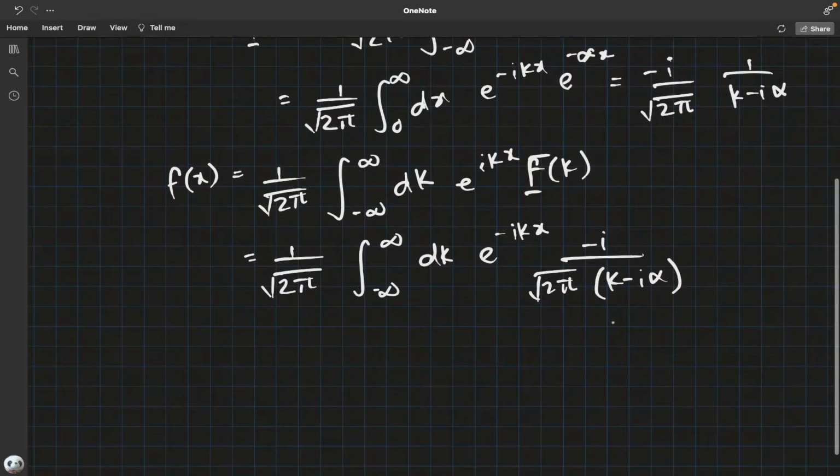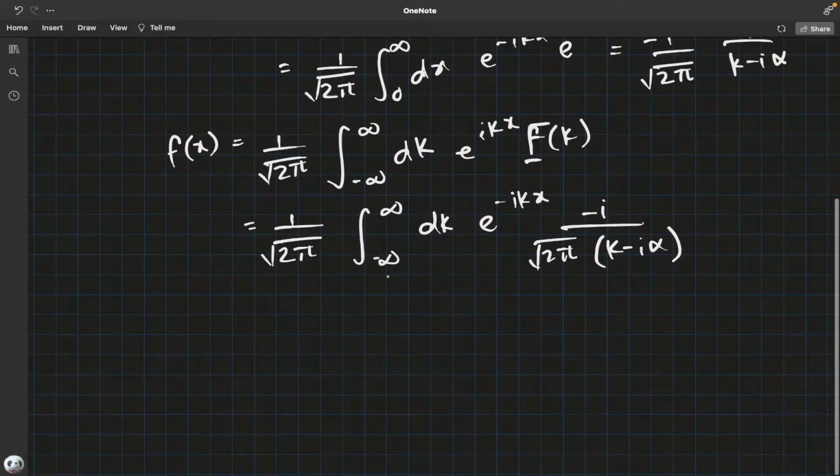Notice the problem here is that we have to expand our integration now, because we have this weird factor in the denominator and a k dependence in the numerator as well. So how will we do this? Well, we can use our complex analysis, our contour integration.